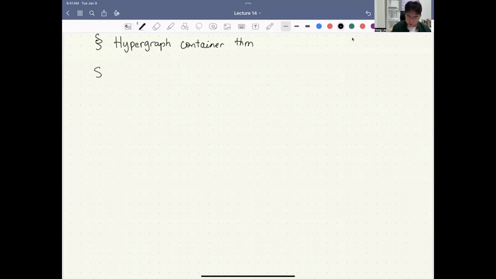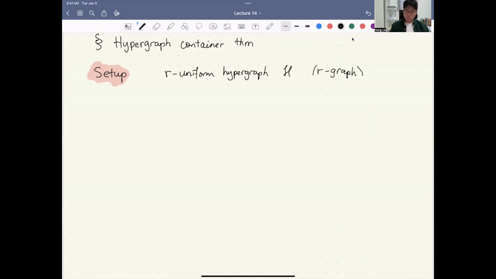So here's the setup. We're given an r-uniform hypergraph, which for simplicity I will just call an r-graph. And let d be its average degree.